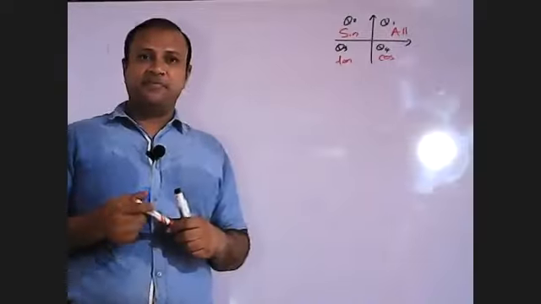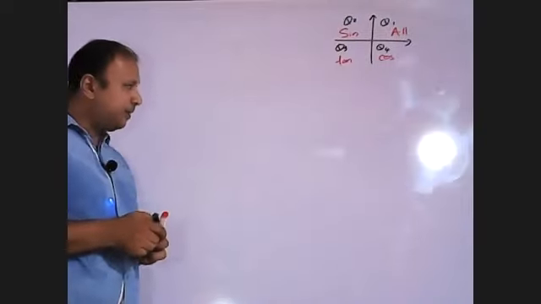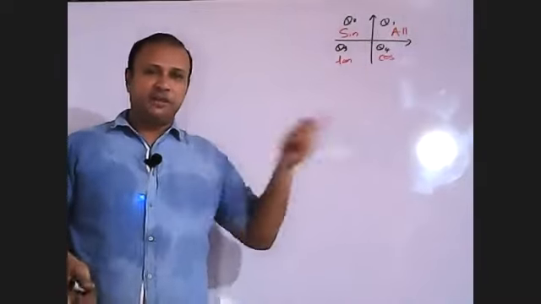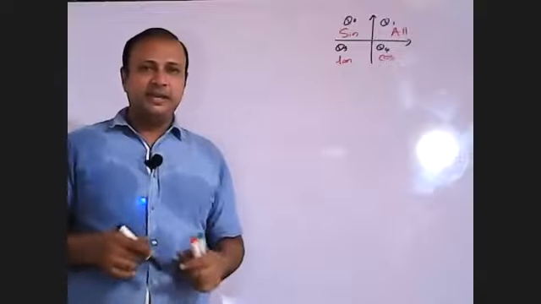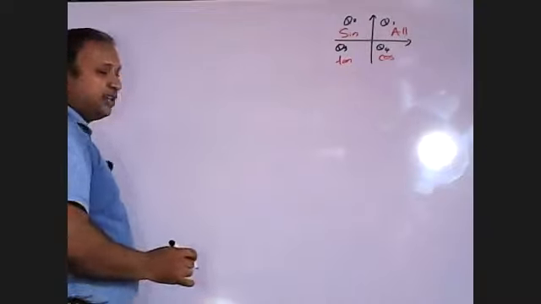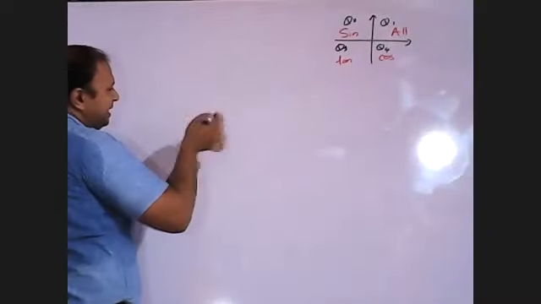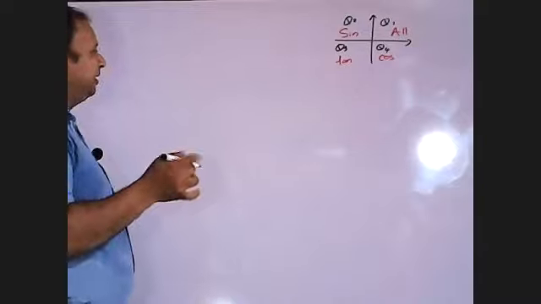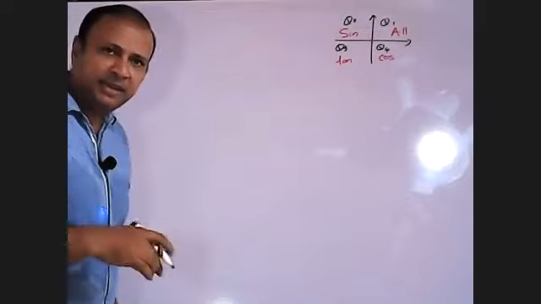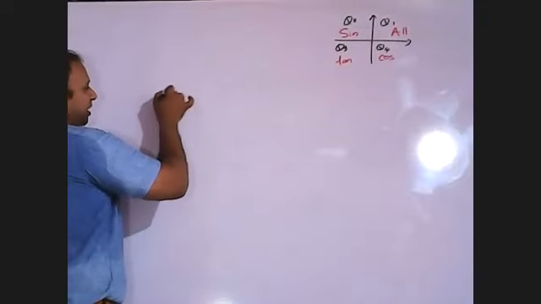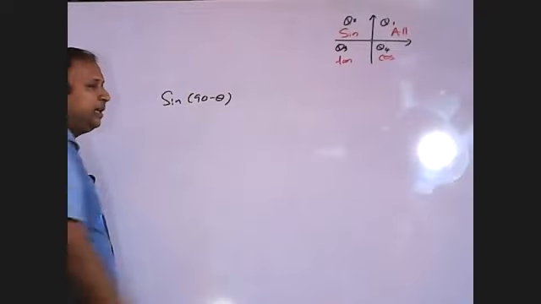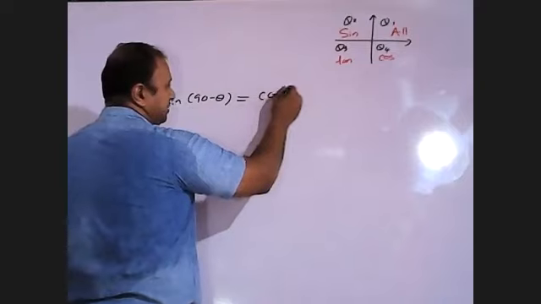The second thing. I think you have to have the previous class notes, but I will explain that. The first relationship is 90 minus theta and 90 plus theta. Sin 90 minus theta is equal to cos theta.